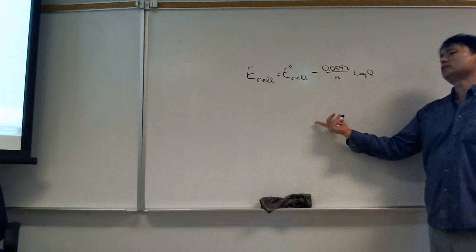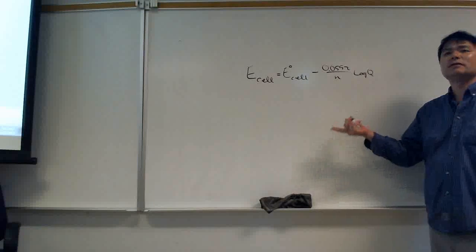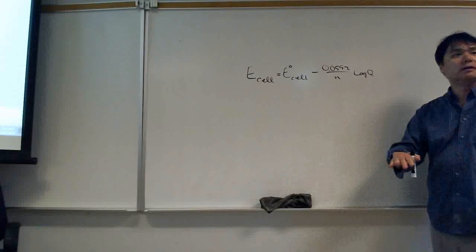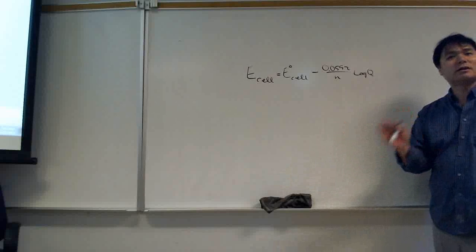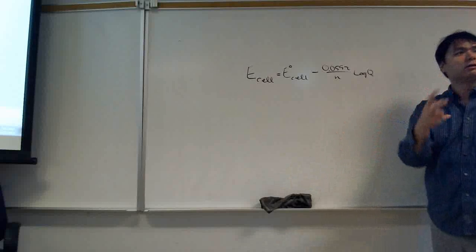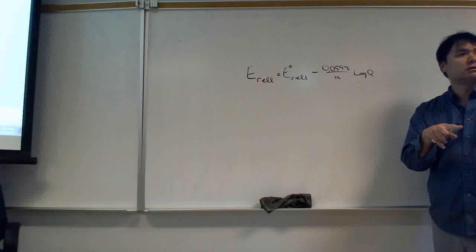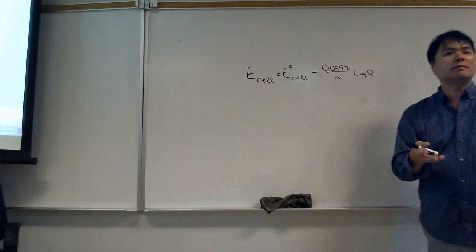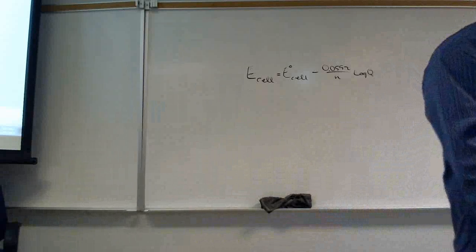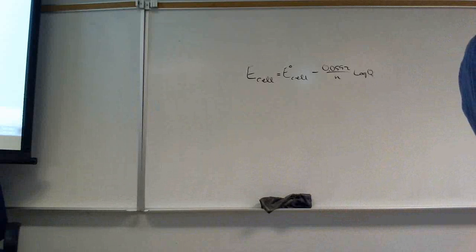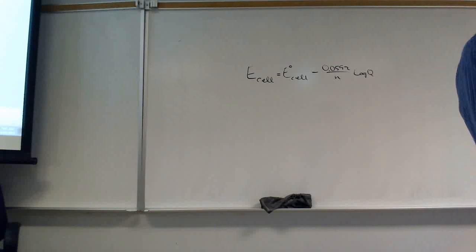If you have an aqueous solution that becomes spontaneous at 1,000 Kelvin, you would say it's impossible, right? Even though the calculation told you at 1,000 Kelvin delta G should turn, that is, it should change sign. And so you make a comment: yes, theoretically, at this temperature it should, according to this equation, but in practice it can't.